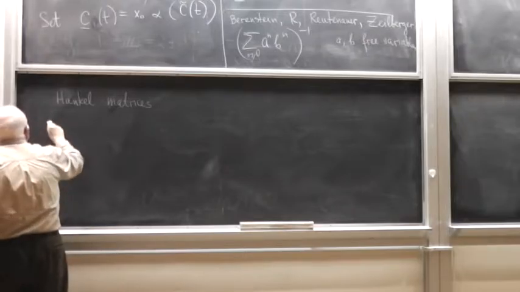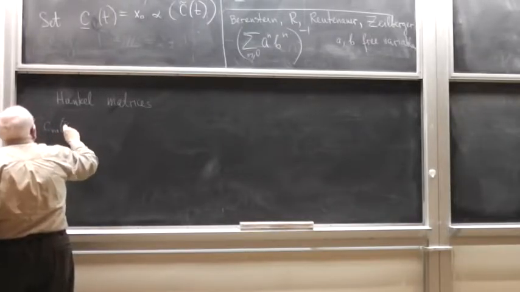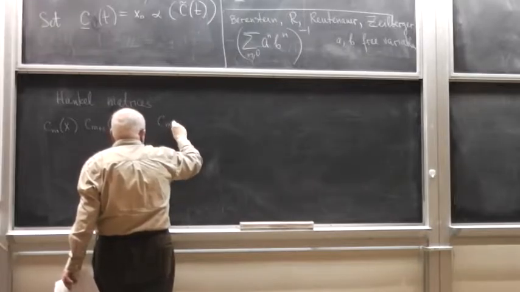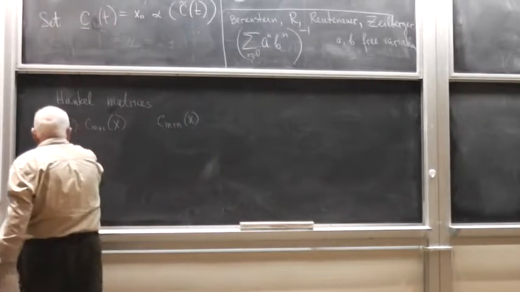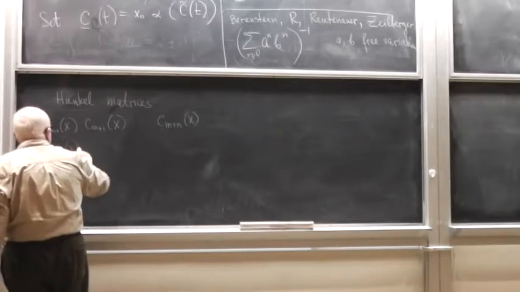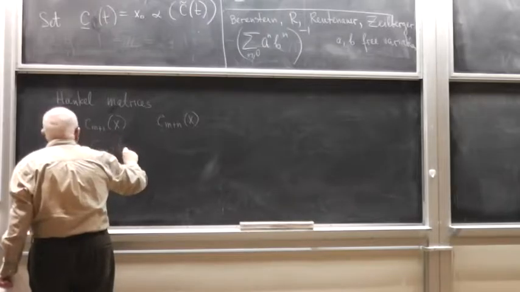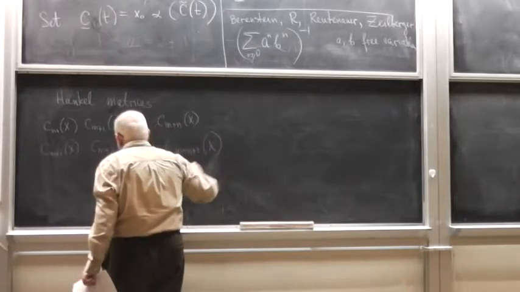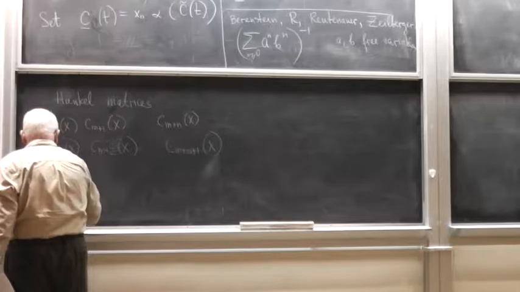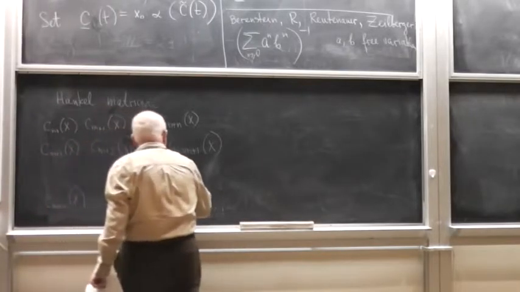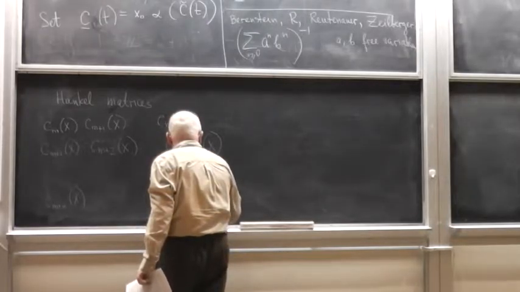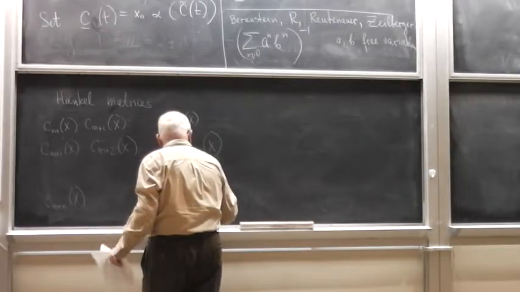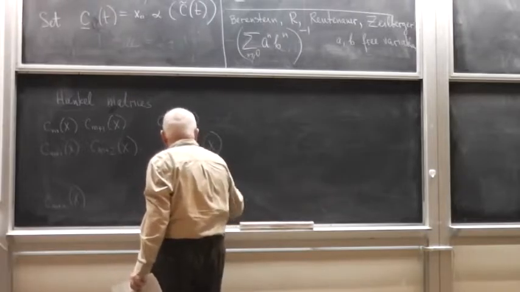So I consider matrices of this type: Cm of x, Cm plus 1 of x, Cm plus n of x, Cm plus 1 of x, Cm plus n plus 1 of x, and Cm plus 2n here.